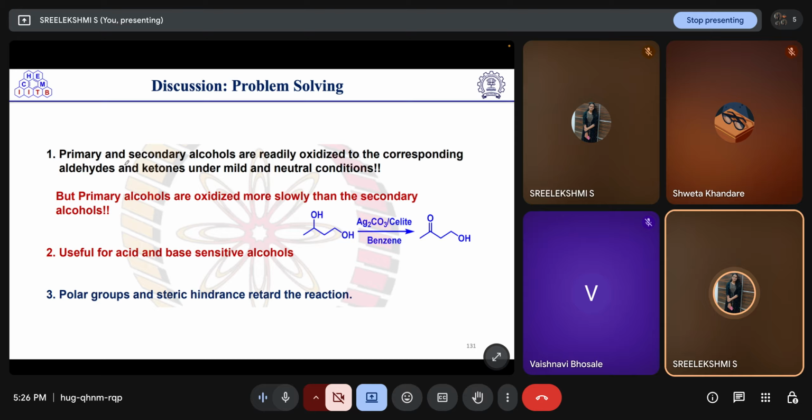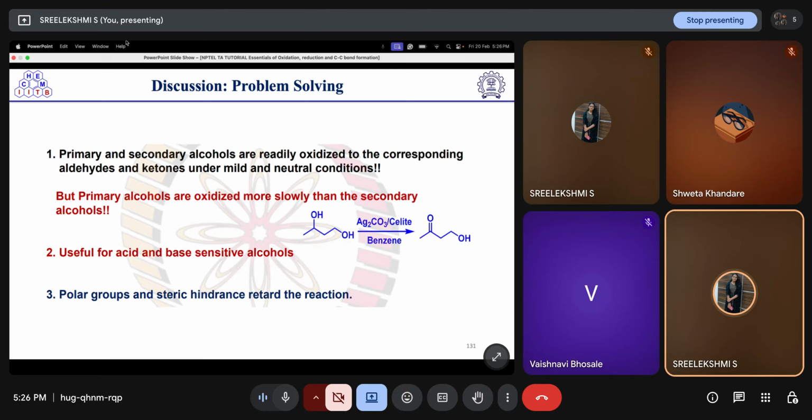One advantage of this Fetizon's reagent is that usually, if we compare primary and secondary alcohols, secondary alcohols will be more reactive towards almost all the oxidizing agents which we have seen so far. But only with Fetizon's reagent, secondary alcohols will be oxidized faster than primary alcohols. Primary and secondary alcohols are readily oxidized to the corresponding aldehydes and ketones under mild and neutral conditions, but primary alcohols are oxidized more slowly than secondary alcohols.